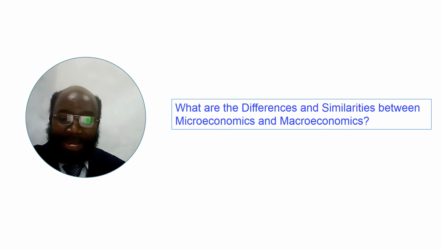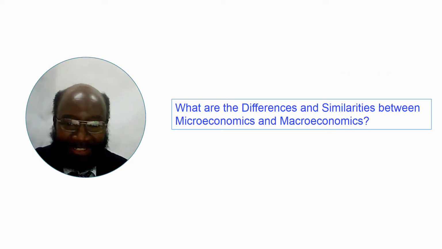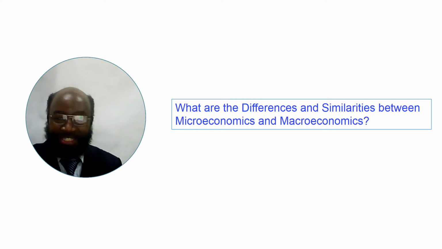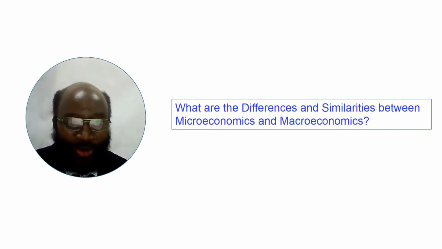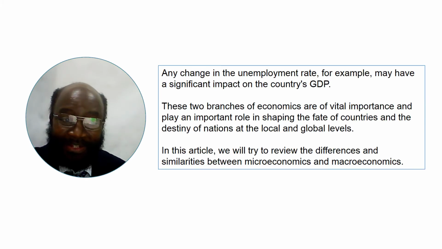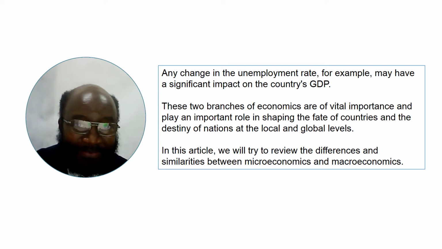So, but let's ask a question, and we must find a concrete answer to this question. What are the differences or similarities between the above parts of economics? Now, I ask you to read carefully the next.